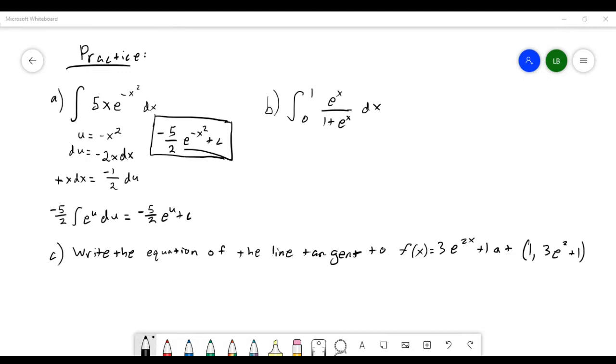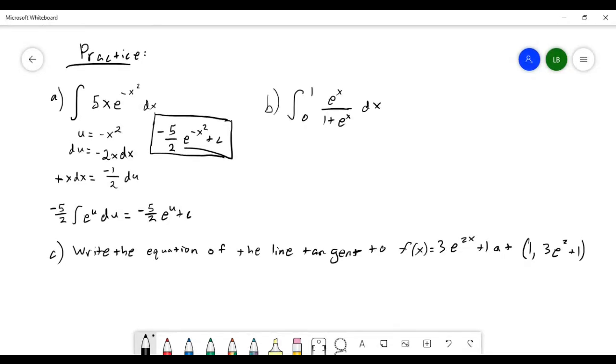All right, let's go ahead and double check that. So in this case, again, we want to use u substitution and let u equal the more complicated part of our equation. In that case, that would be the 1 plus e to the x. And du would just be e to the x dx.